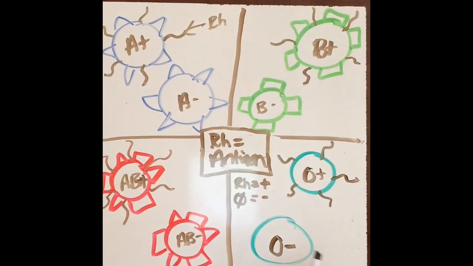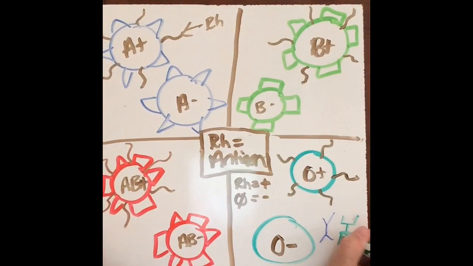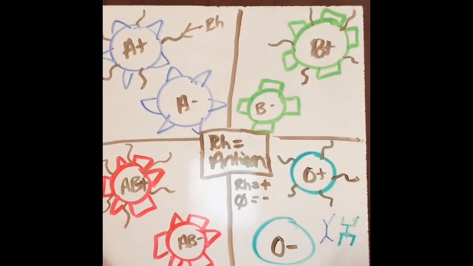Okay, so the negative people in their plasma will have an antibody against the positives, so against the Rh factor. So like an O negative person will have A antibodies, they'll have B antibodies, okay, and then they'll have something that would attach itself to the Rh factor if the Rh factor came into their bloodstream.